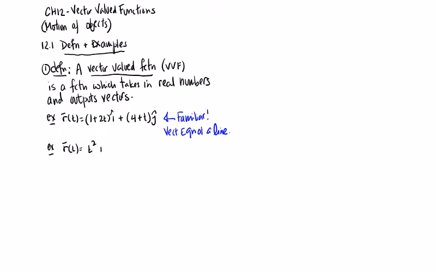So t squared i. Here I'm just making up functions, so really don't worry about what we're getting here, other than in goes a number, out comes a vector. They could be two-dimensional, could be three-dimensional.